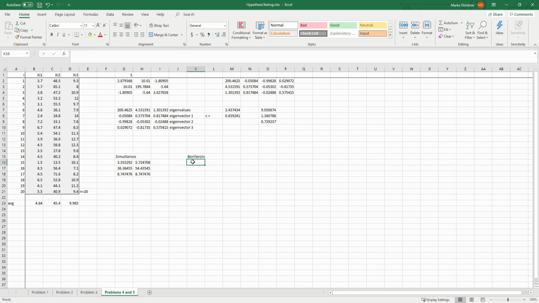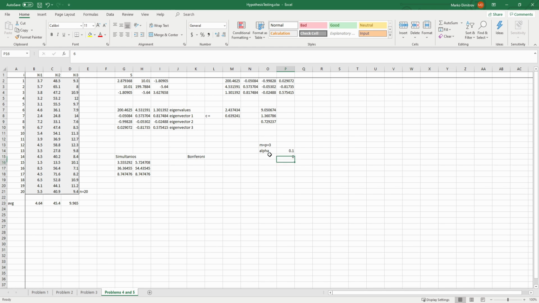To compute the Bonferroni intervals, first we need our critical value. There we have the Student t distribution, and m is equal to p, so it is equal to 3. Alpha is what we said, 0.1. This is what we used earlier. So 2p would be 6, right?